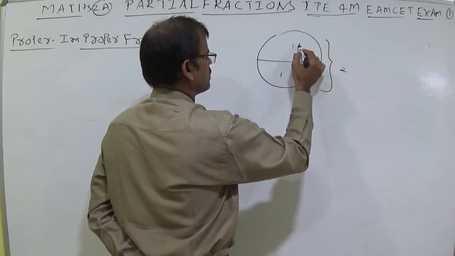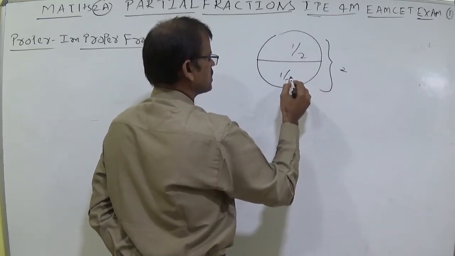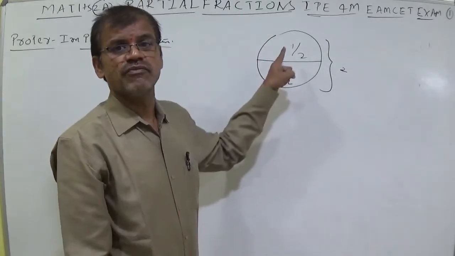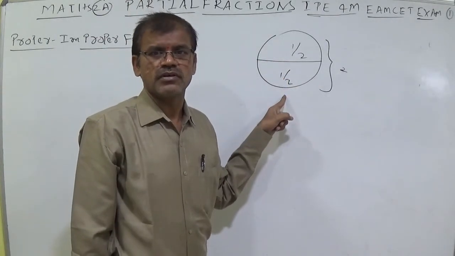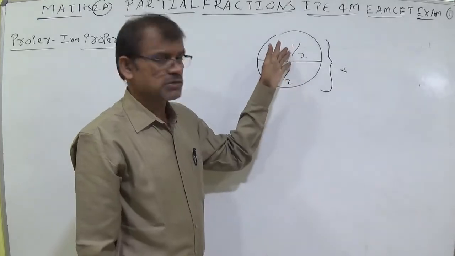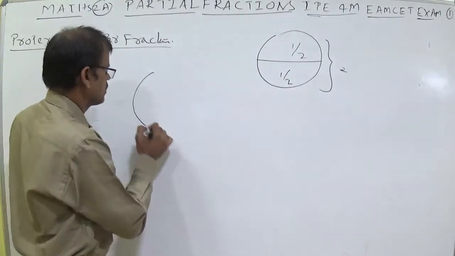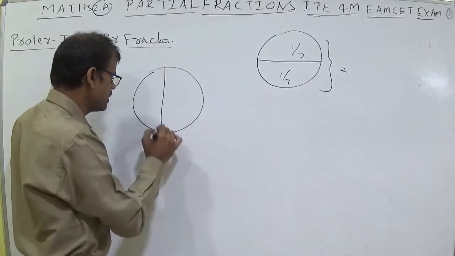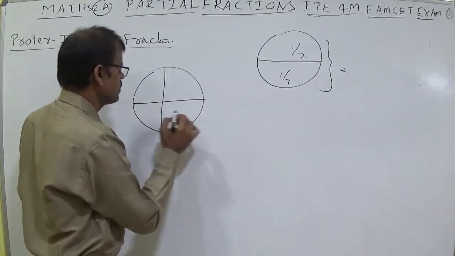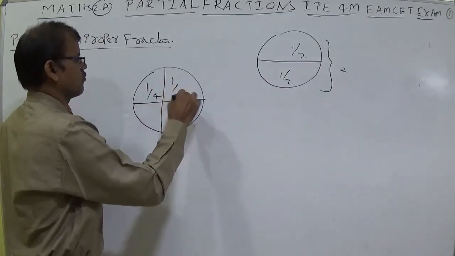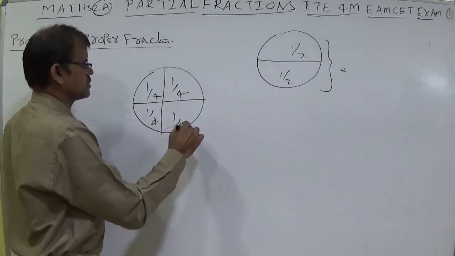This is indicated as 1 by 2. 1 by 2 means there are two parts in total, and this is the first part. This is half. Like that, if the circle is divided into 4 parts, each is 1 by 4.